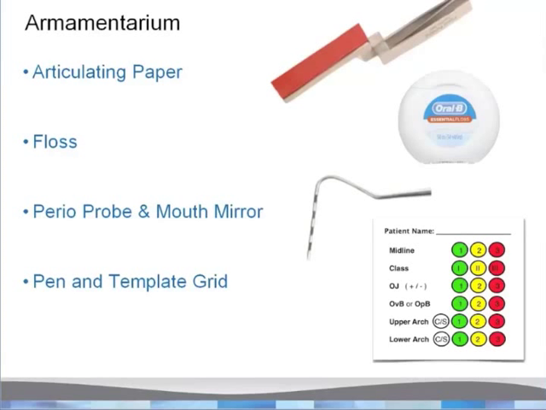And the simplicity of this is that what the doctor will need is articulating paper, floss, a mouth mirror, and a periodontal probe, and then simply a ballpoint pen and the template grid that you see pictured on your screen. And we'll be referring to that template grid quite a bit during the remainder of our presentation.